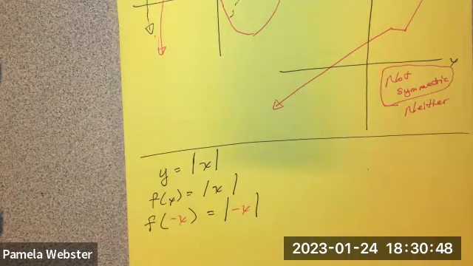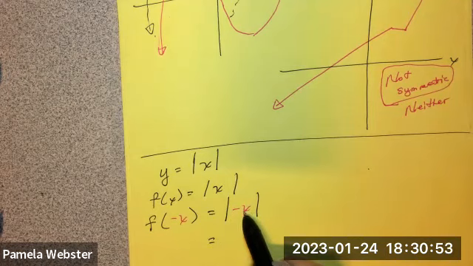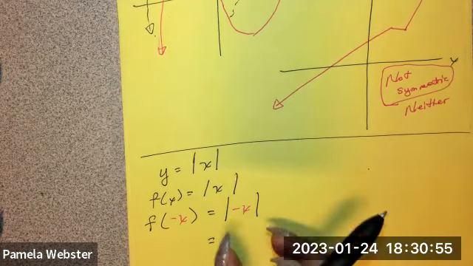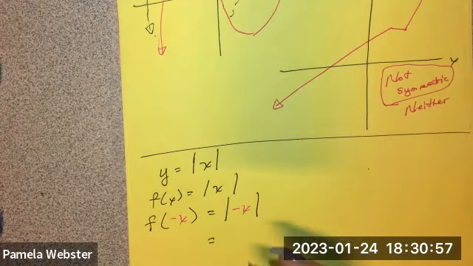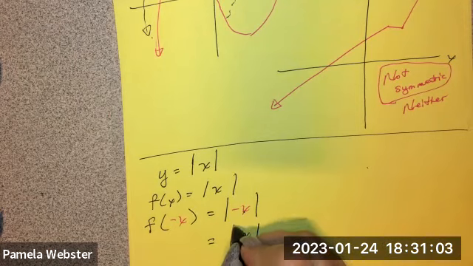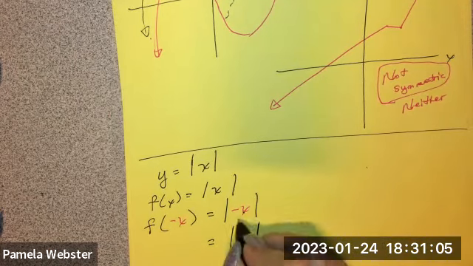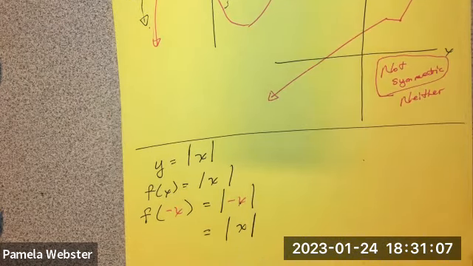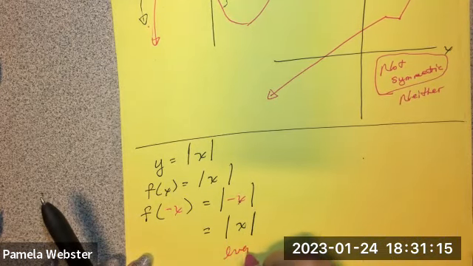Okay. And when you look at that, you go, oh, hang on. What happens when I put a negative inside of the absolute value? Well, absolute value means distance from 0, right? So the distance from a negative x is the same as a distance from a positive x. So the negative goes away and what falls out of the function is the absolute value of x. So this guy is actually even.